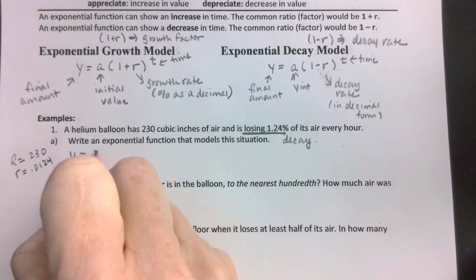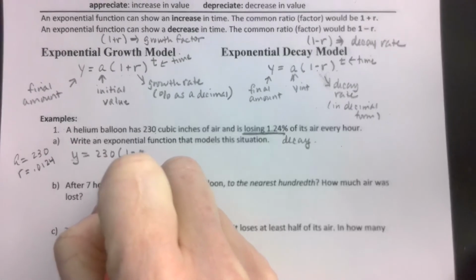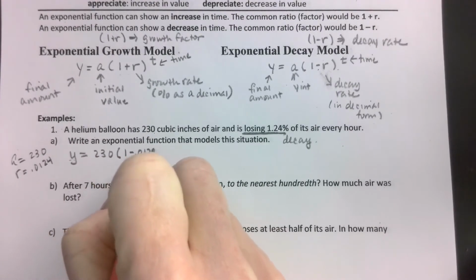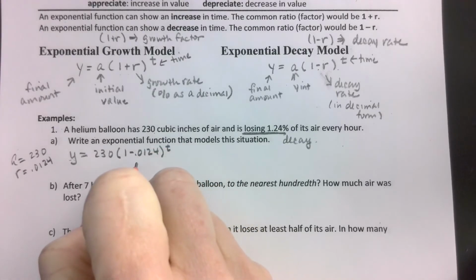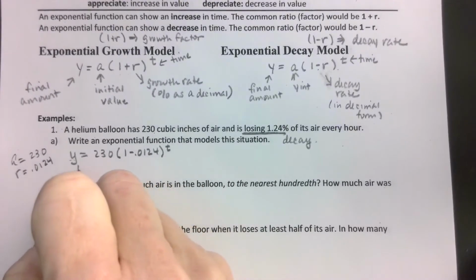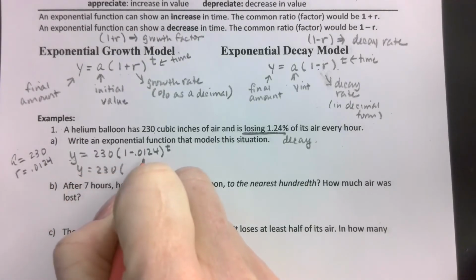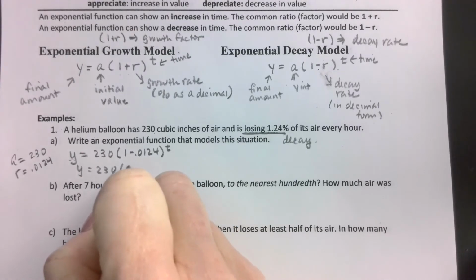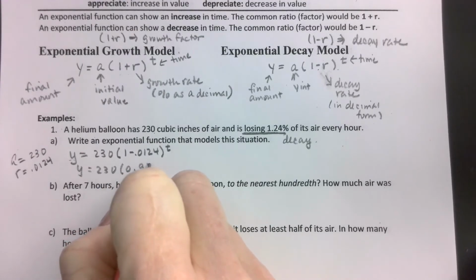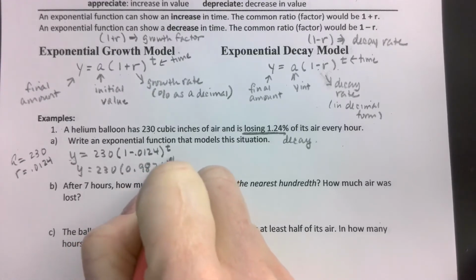Y equals 230 times 1 minus 0.0124 to the t. And then we can simplify that to get y equals 230 times 0.9876 to the t.